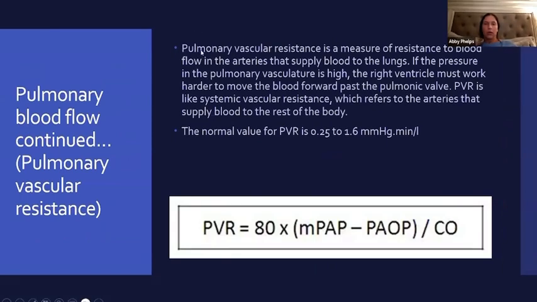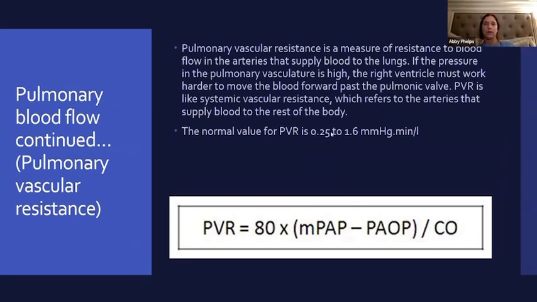Then I'm going to go over pulmonary vascular resistance. So pulmonary vascular resistance is the measurement of resistance to the blood flow in the arteries that supply blood to the lungs. If the pressure in the pulmonary vascular system is high, the right ventricle must work harder to move the blood forward past the pulmonic valve.